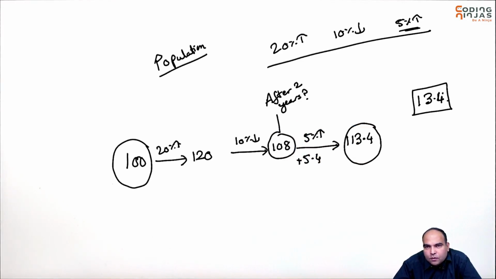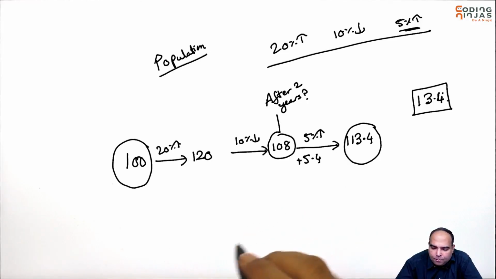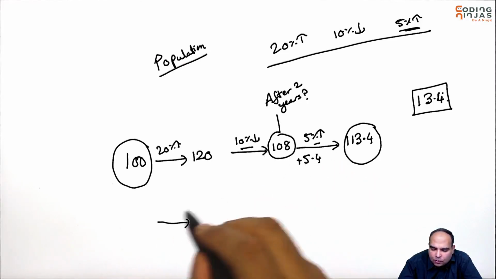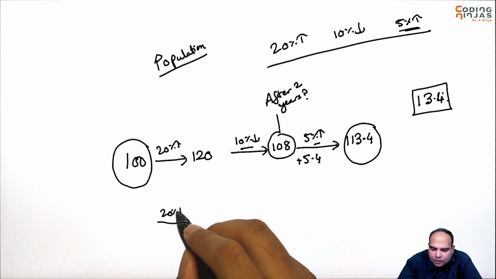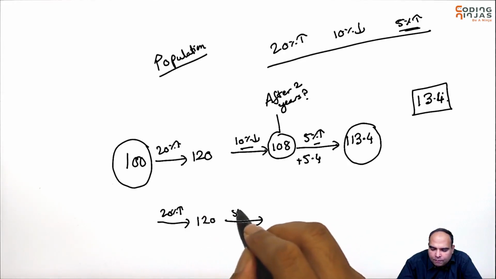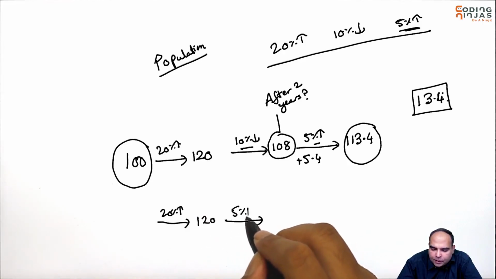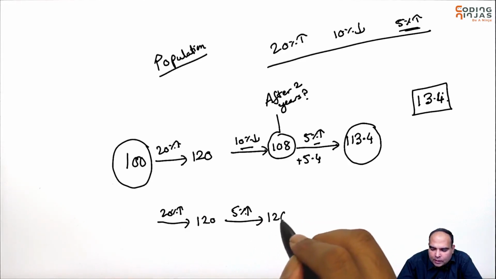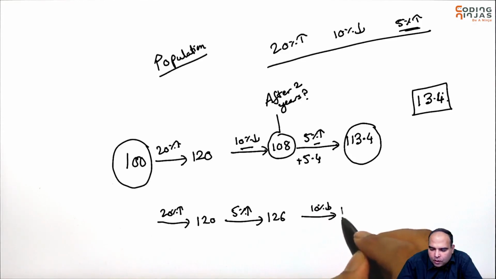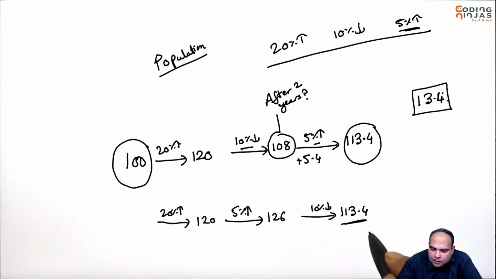If that is asked of you, then if you had played with the arrows to make this 10% used on the last arrow, if you had played with the arrows in this form, 120, a 5% increase, so 126, and then a 10% drop to 113.4, the final value does not make a difference, it's the same.